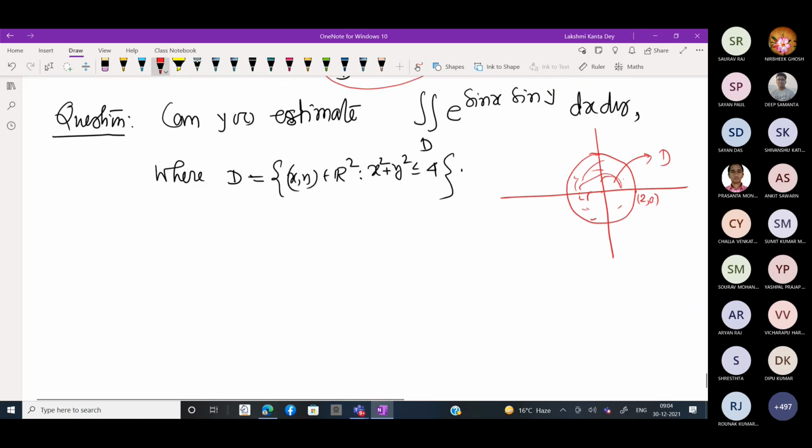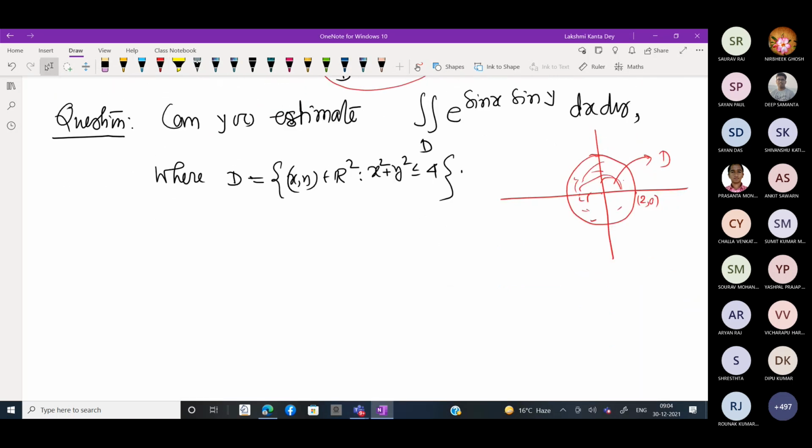Now, whether we can estimate this or not? Yes, we can estimate it. We can use the previous property. We all know that for a real number, -1 is less than or equal to sin x, which is less than or equal to 1. At the same time, cosine x also satisfies this.